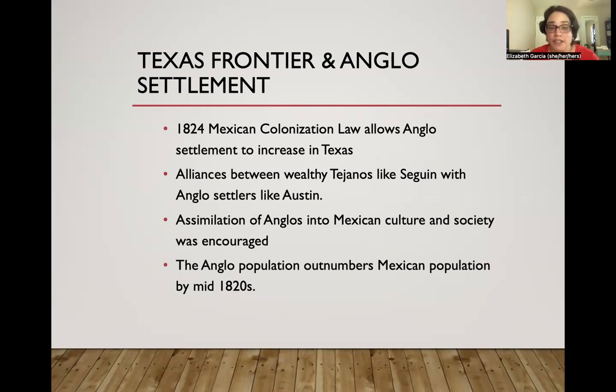An example of this is Austin. The town of Austin is created by one of these settlers who buys this land grant and brings Anglo-Catholics to settle in that area.